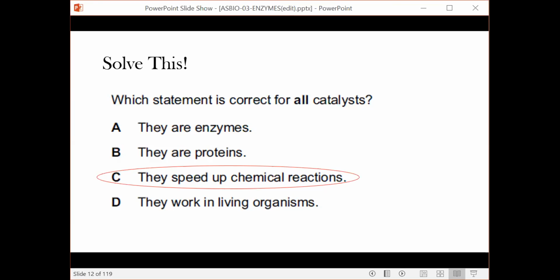One more thing when solving MCQs: if you're solving a lot of four options, which is the most correct one? Catalysts by definition change the rate of reaction, and there are catalysts which reduce the speed of reaction, but they are called negative catalysts or inhibitors.